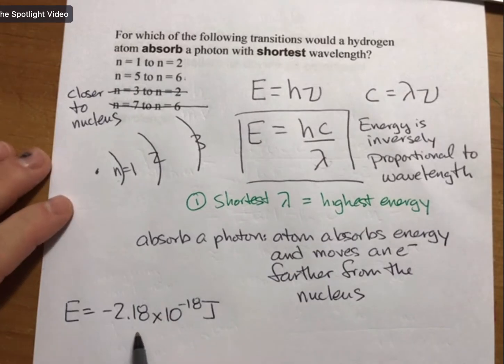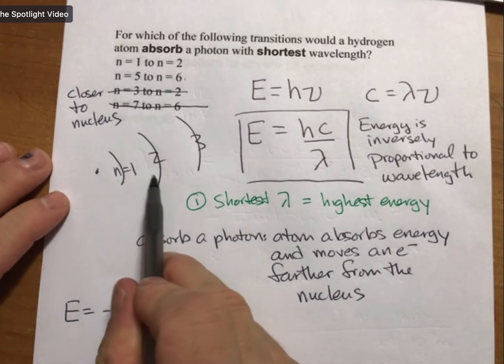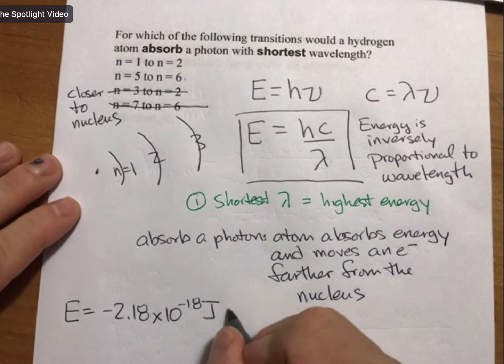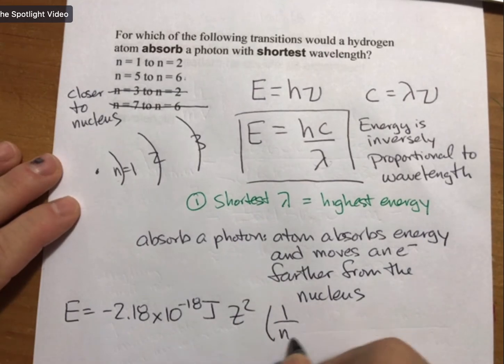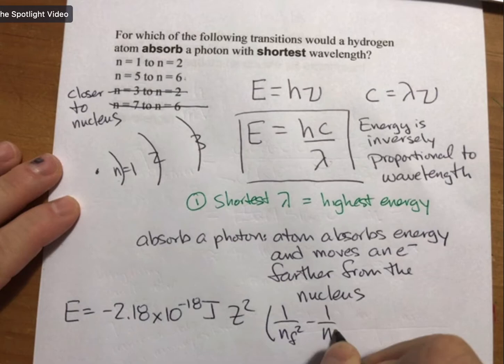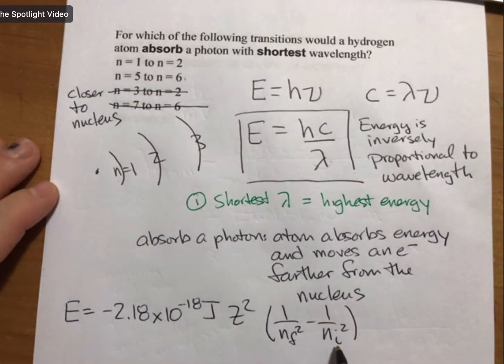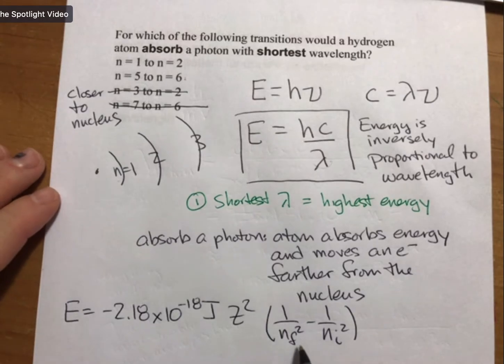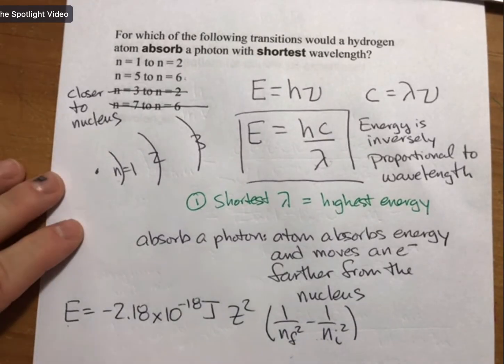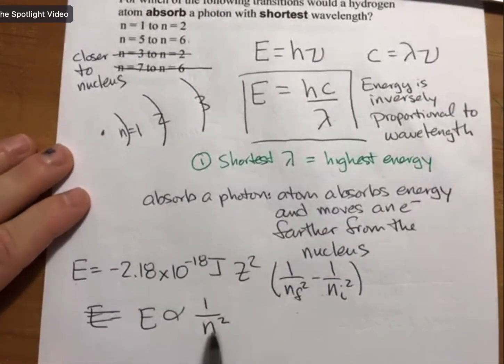So the equation that talks about the energy of movements of an electron between n levels is the one we've been working with before. And what it says is that the energy compared to the n values is proportional to 1 over n squared.